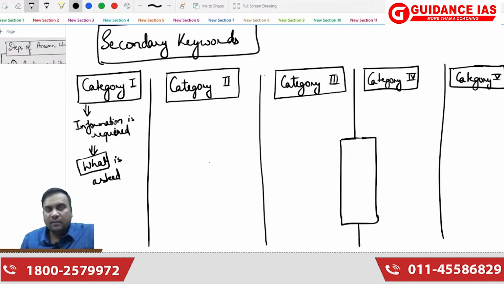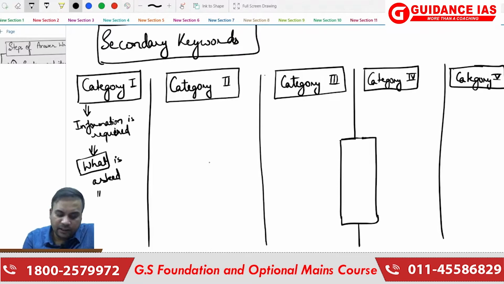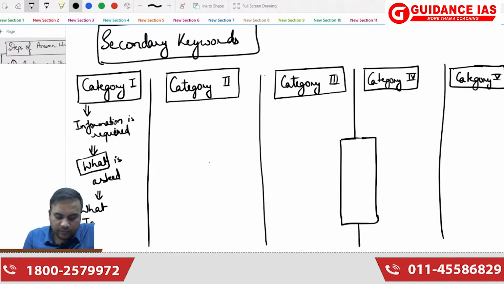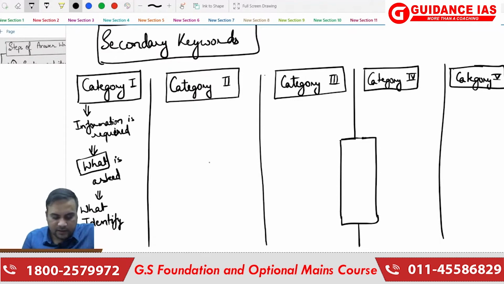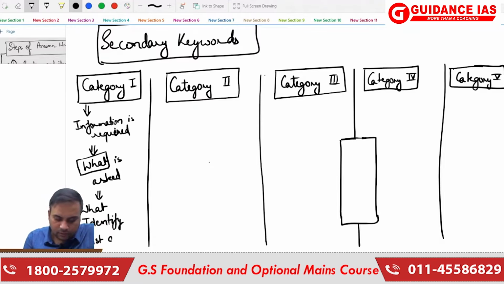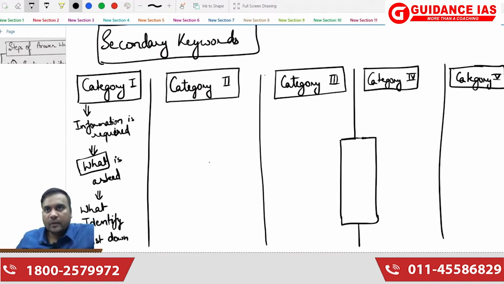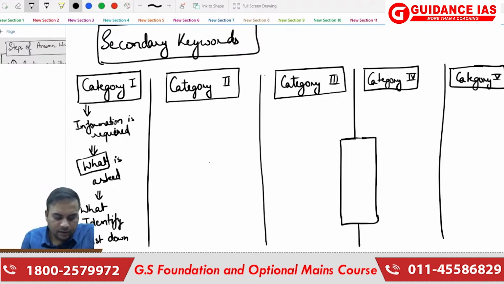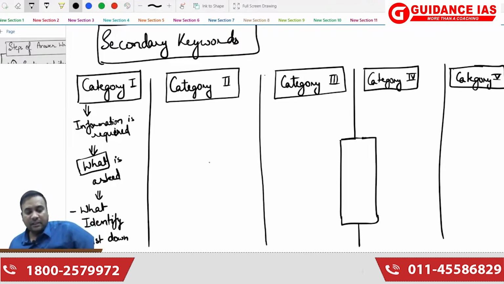So, you can understand many such type of keywords can be there, like "what" itself, others can be, for example, "identify", "list down". Okay. So, several such type of keywords can be there.